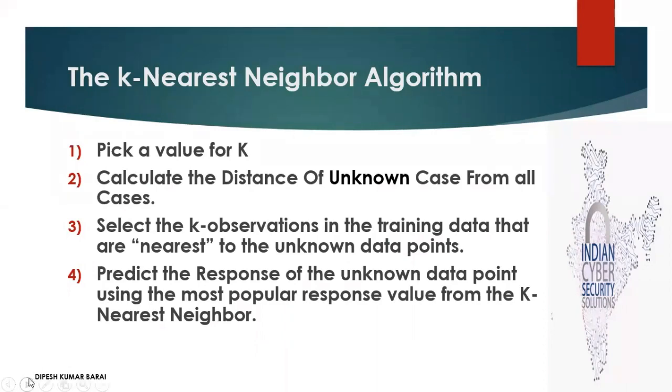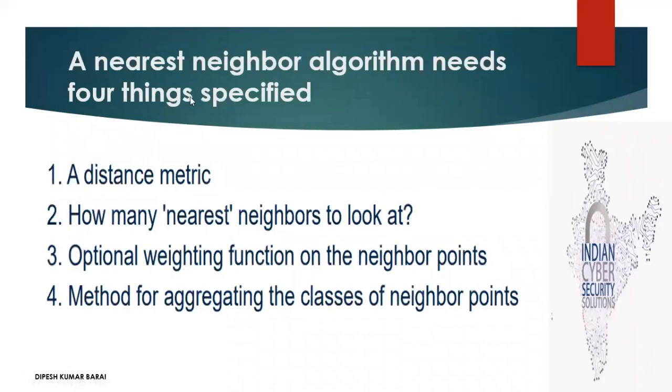Okay, so now, to do the k nearest neighbors classification, first we have to calculate the distance matrix and decide how many nearest neighbors to look at, and then choose the optimal weighting function on the neighbor points, and a method for aggregating the classes of the neighbor points, meaning we will take the majority vote of the data points.